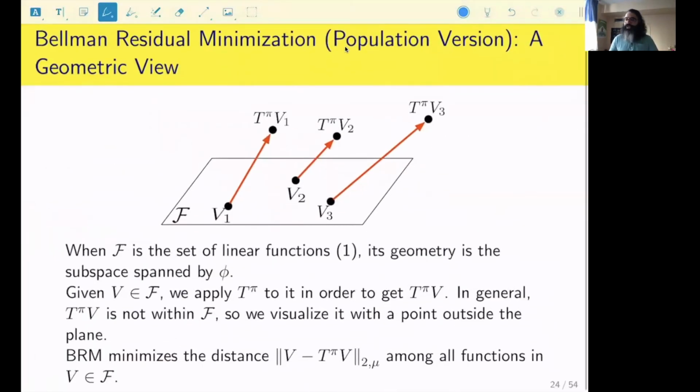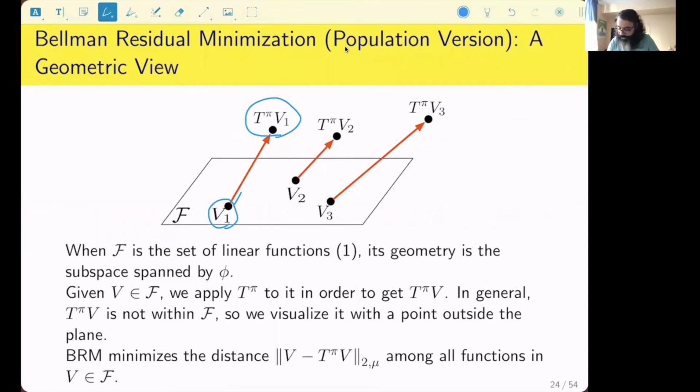So let's have some kind of geometric intuition of what it's doing. So for each value function in that value function space F, for example V1, when we apply the Bellman operator to it, we get this other point, which might be outside that value function space.